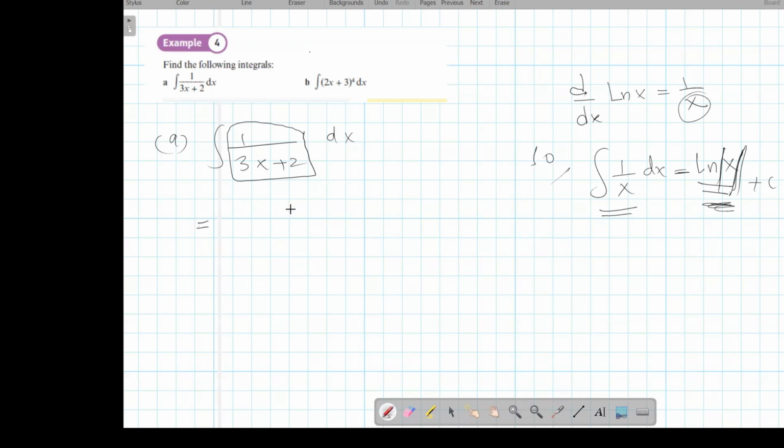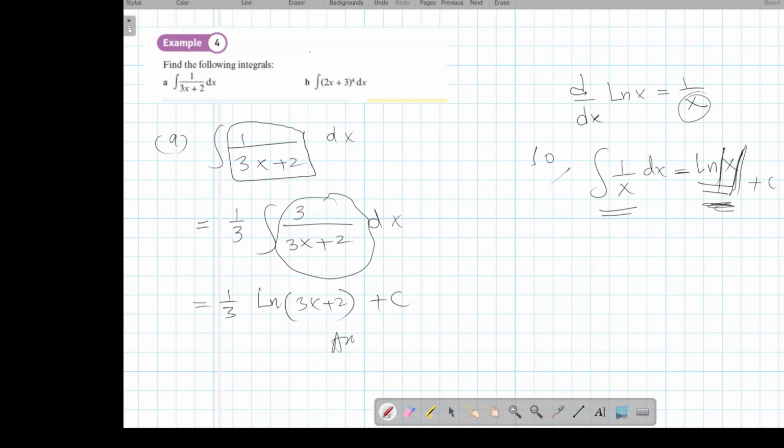A three is missing. So what you do is multiply and divide by 3. Multiply 3 inside, and now you can simply write that this is the derivative of log of 3x plus 2. That's it.